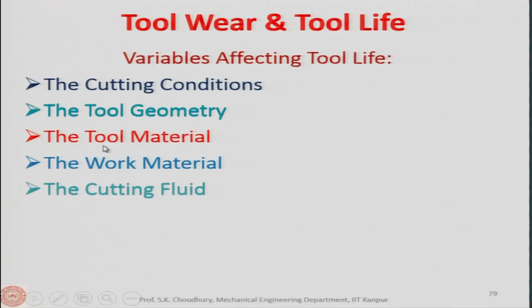Then only the plastic deformation can be created in the workpiece material and the chip, that is the excess material from the workpiece surface, can be segregated. That is one thing. So, when we say that tool material is soft, we say that it is relatively soft, but its hardness will always be more than the workpiece material hardness, of course.